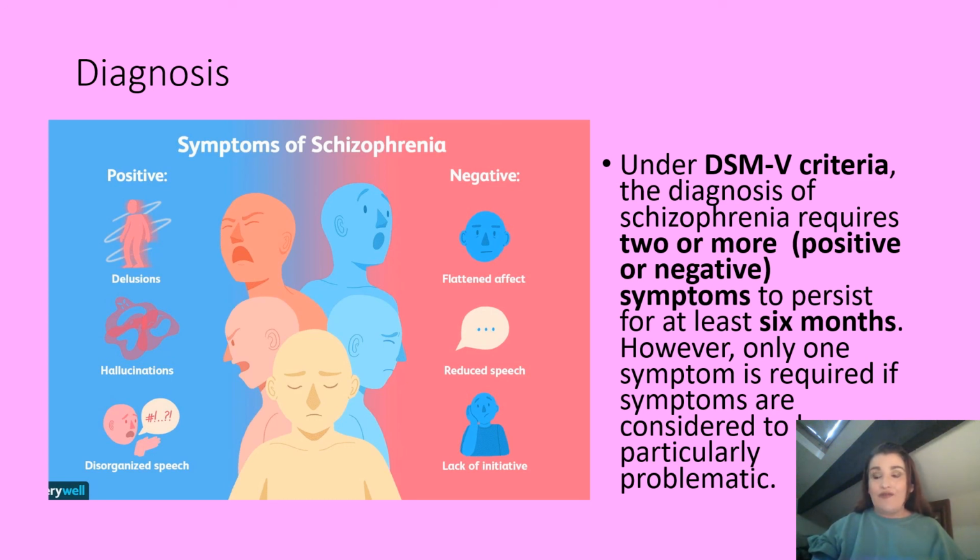However, if they are showing real issues with, say, hallucinations or avolition, if it's particularly problematic, they only need 1 symptom. Okay, so in the next session we will look at how we diagnose schizophrenia further and the problems surrounding that.